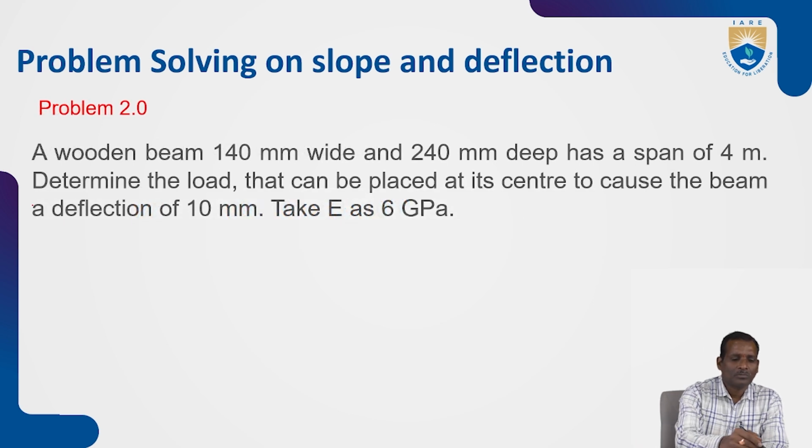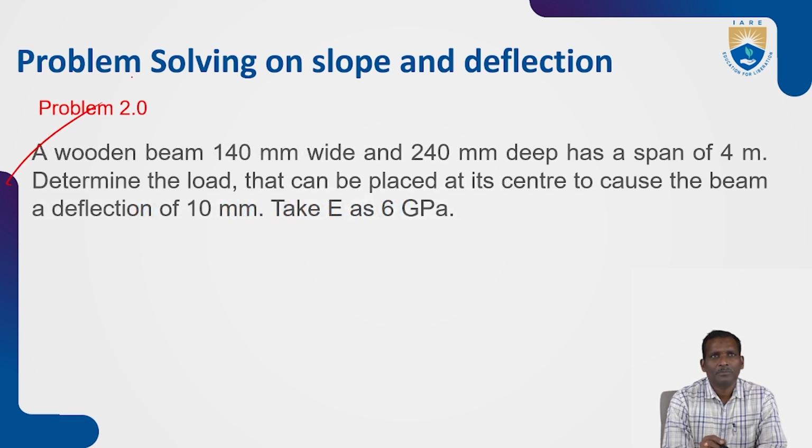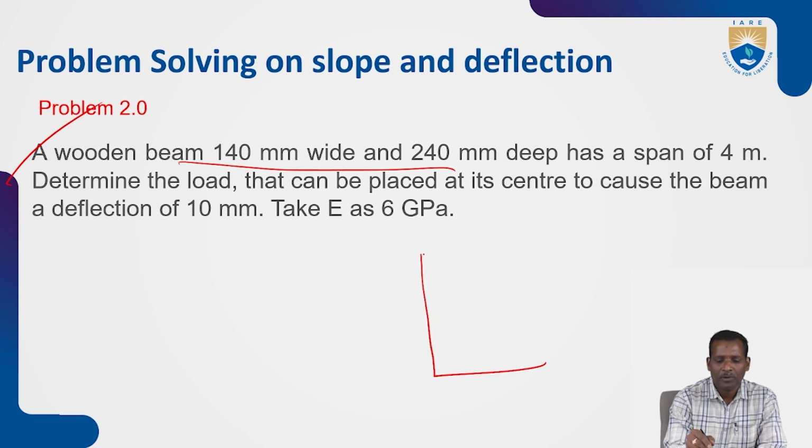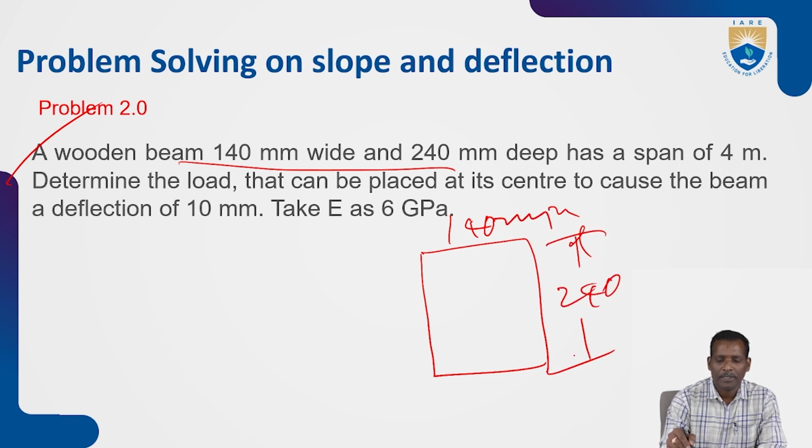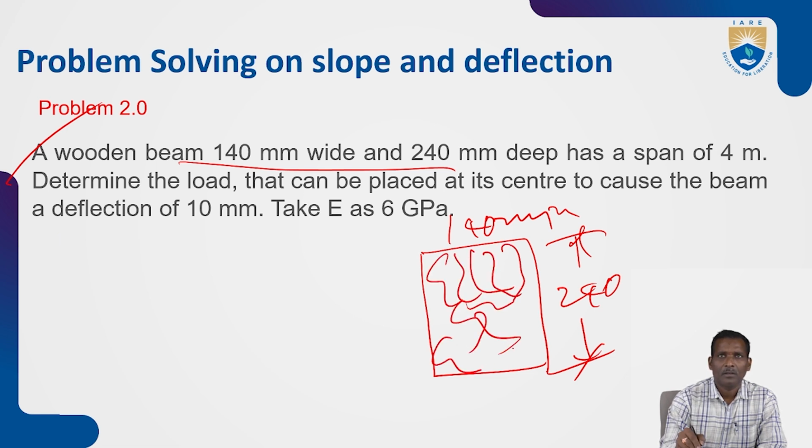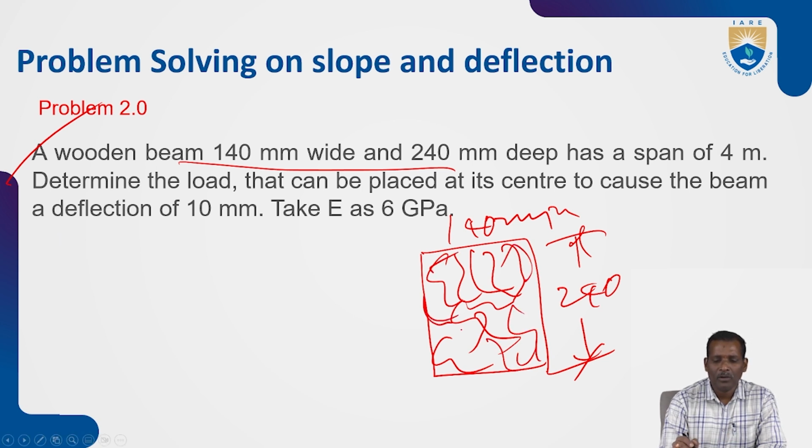Next, problem 2. A wooden beam 140 mm wide and 240 mm deep. So 140 wide and 240 deep. The wooden beam has a span of 4 meters.